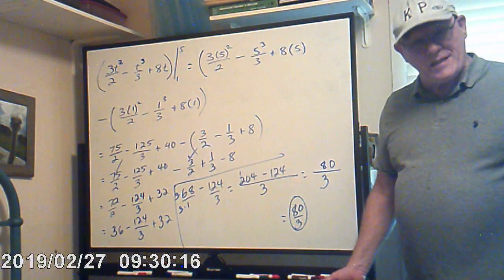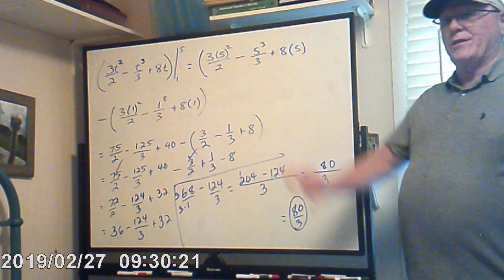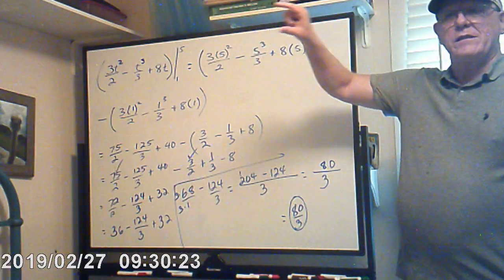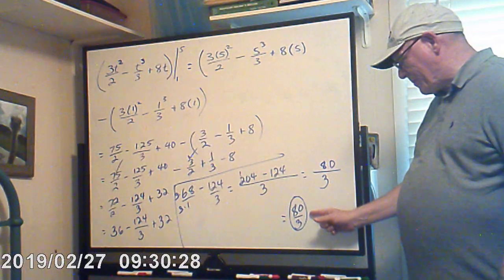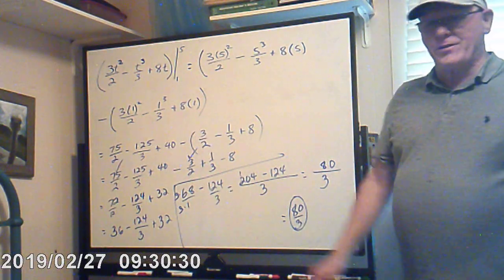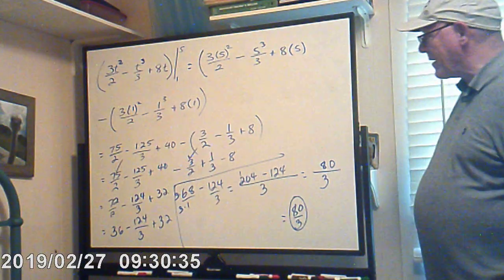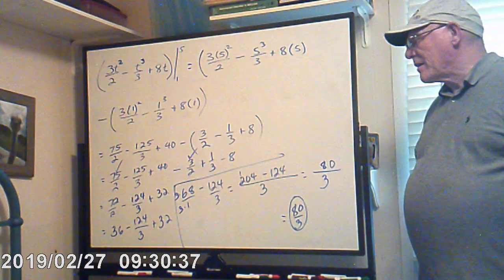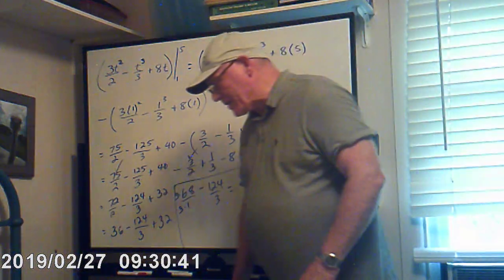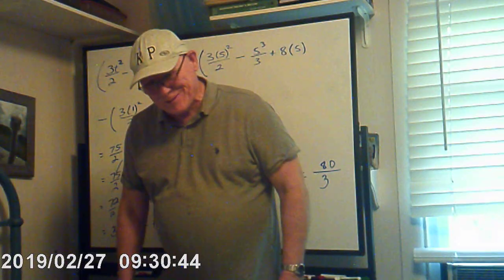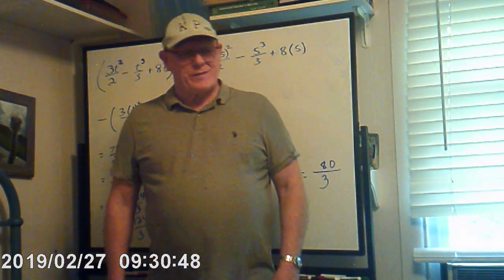Now remember, this is distance, S, so that's just feet. But we don't have units, so we don't put any units there. So that's the answer right there, 80 over 3. Believe it or not, this was a multiple choice question. Wow. Anyway, there it is.